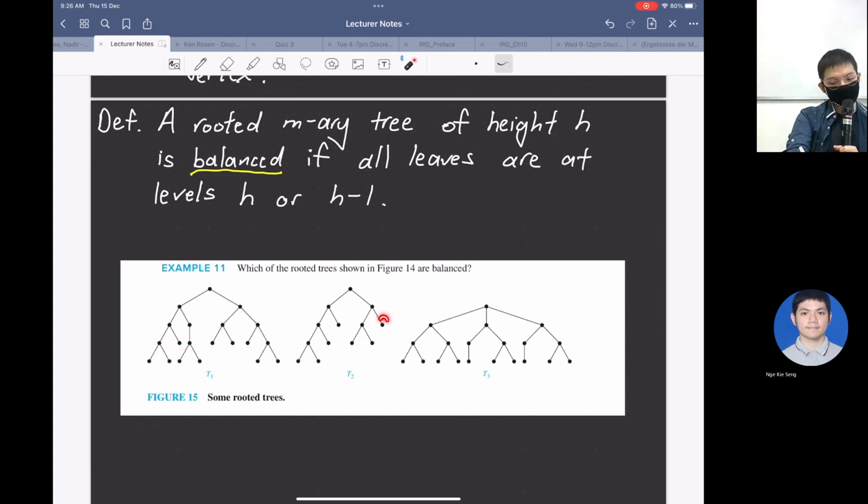If there are leaves at maximum height minus 2 or less, then it will be imbalanced. You can imagine that maybe this tree can fall down. So it must be at h or h minus 1. Only these two levels are allowed. Otherwise, it will be imbalanced.